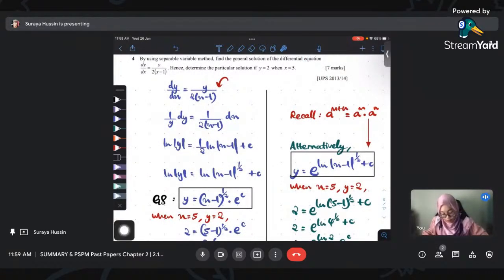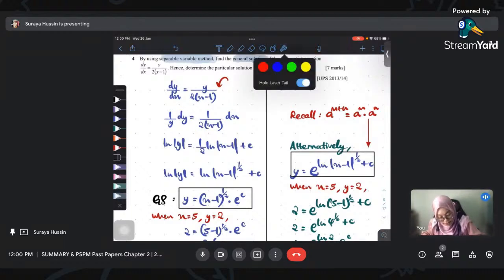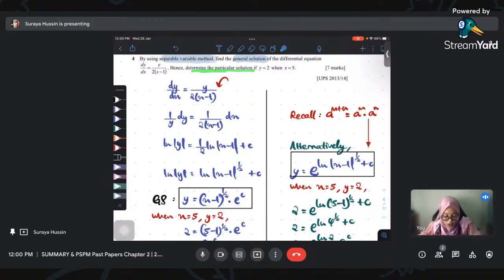So now separable. Okay, kita baca soalan. Dia kata separable method. Find the general solution of the DE, of the differential equation DE. Ini yang kita panggil sebagai differential equation. Hence determine the particular solution pula. Okay. Hence determine the particular solution.